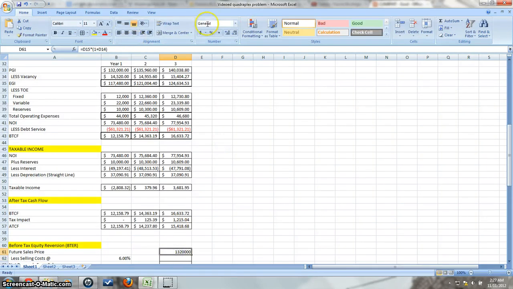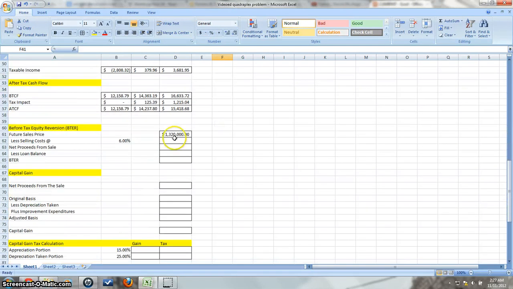You can turn that into a monetary value and get that future sales price less the selling costs equals this value here times 6%.